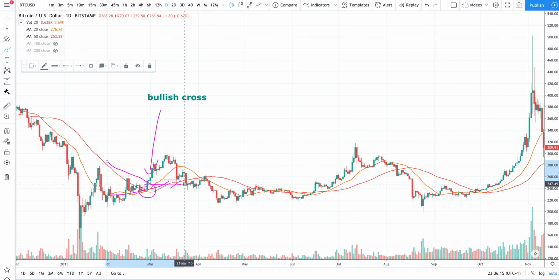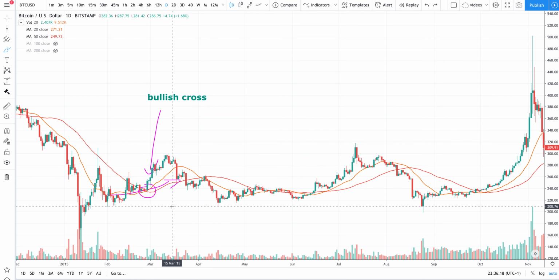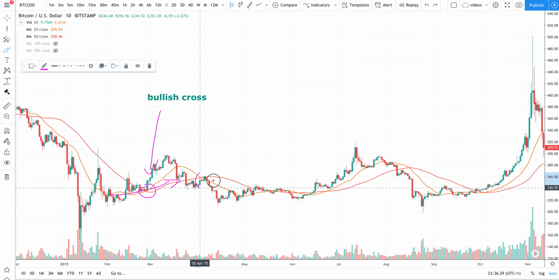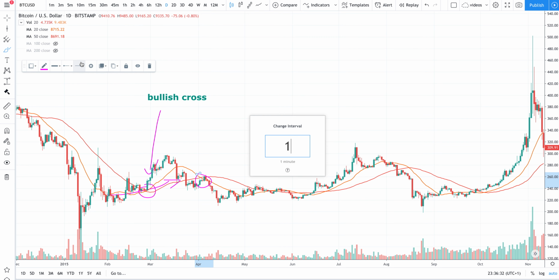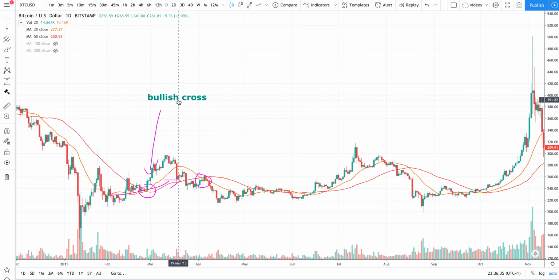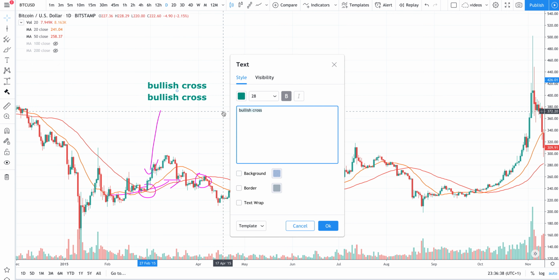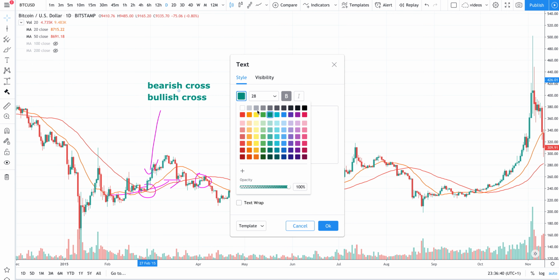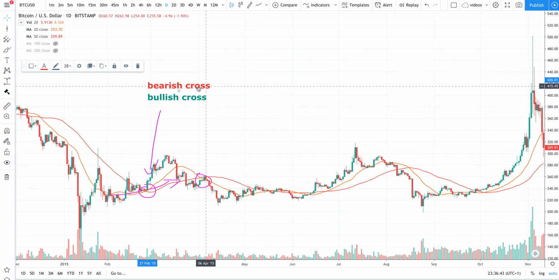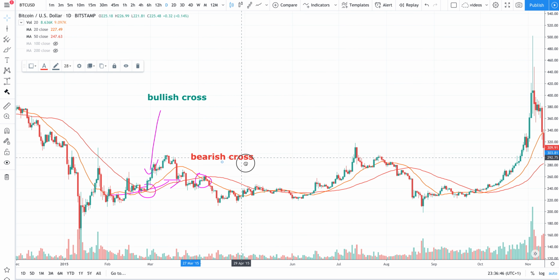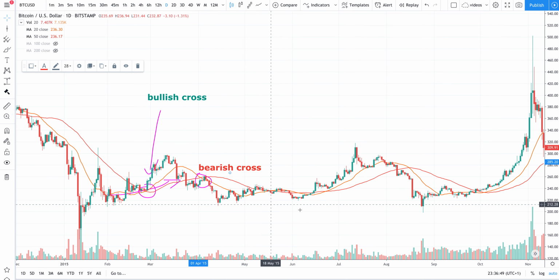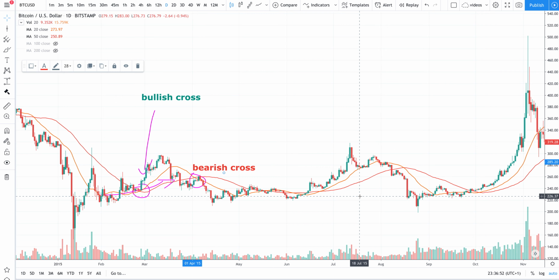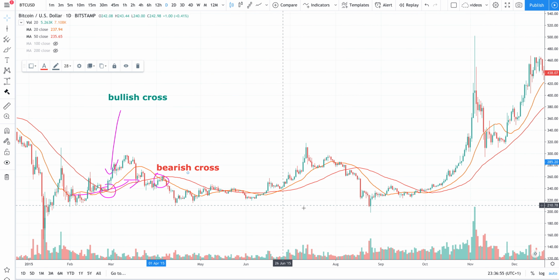So if a faster moving average goes over a slower moving average, then this is a bullish cross. On the contrary, of course, this is a bearish cross, because the fast moving average is going down. Okay, and you can find a lot of this information.